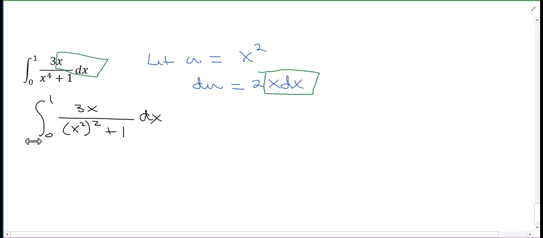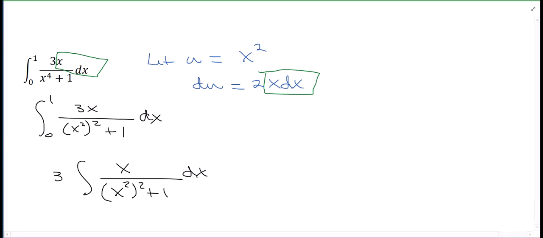So then that means I can take this problem, take the 3 out, and say x over (x squared) squared plus 1 dx. And with this substitution, the new integral will be 3 times the integral of x dx, which is, solve for your x dx here. So what is x dx going to be? Du over 2.